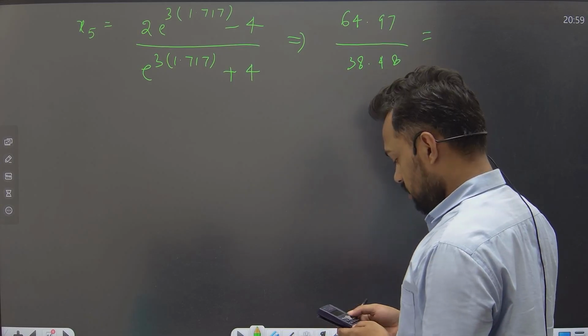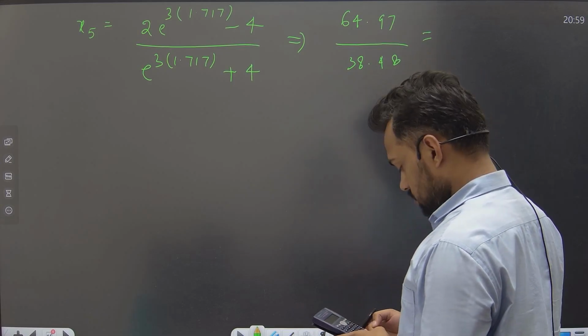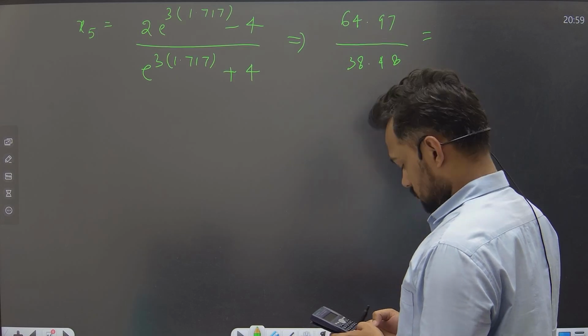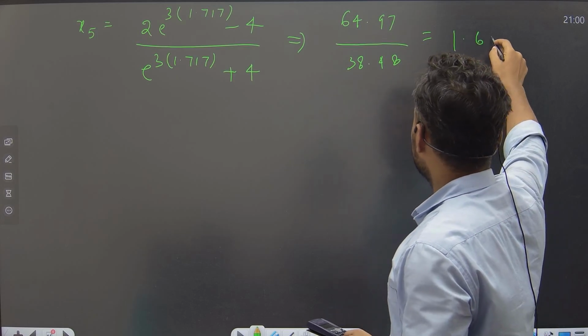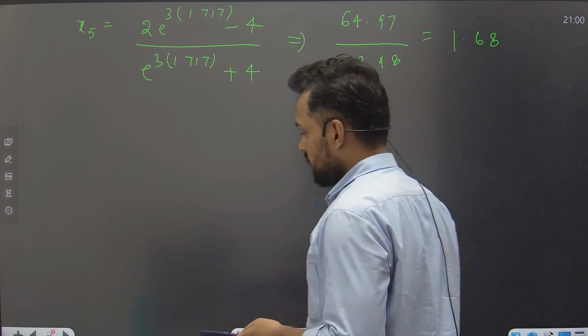So on division, we get 1.68, which is x5.